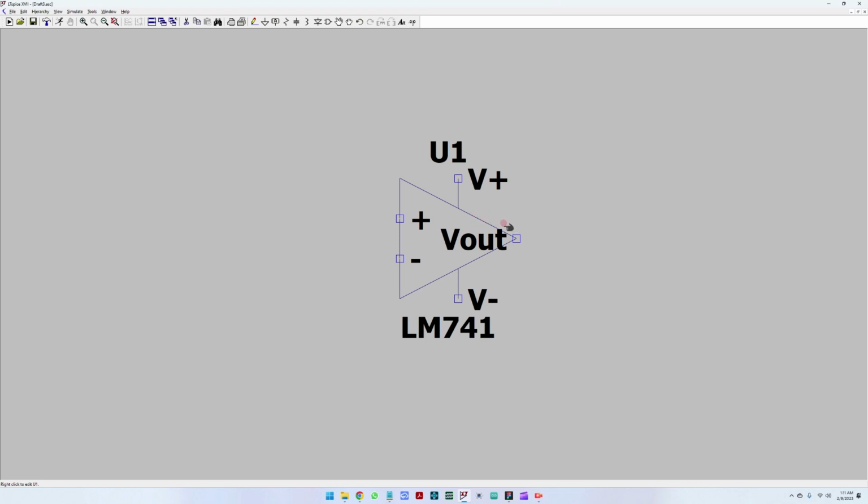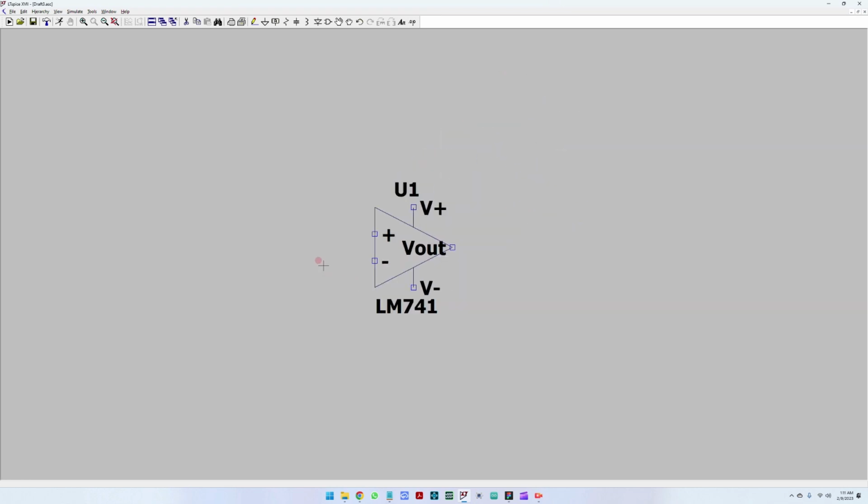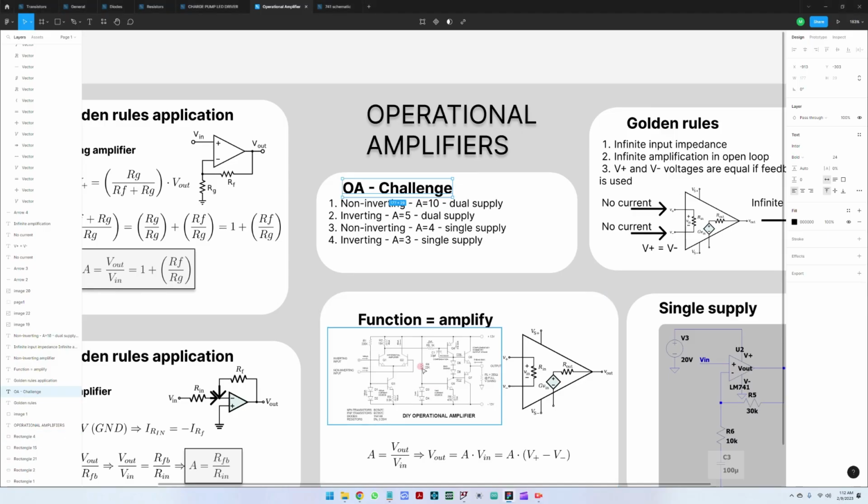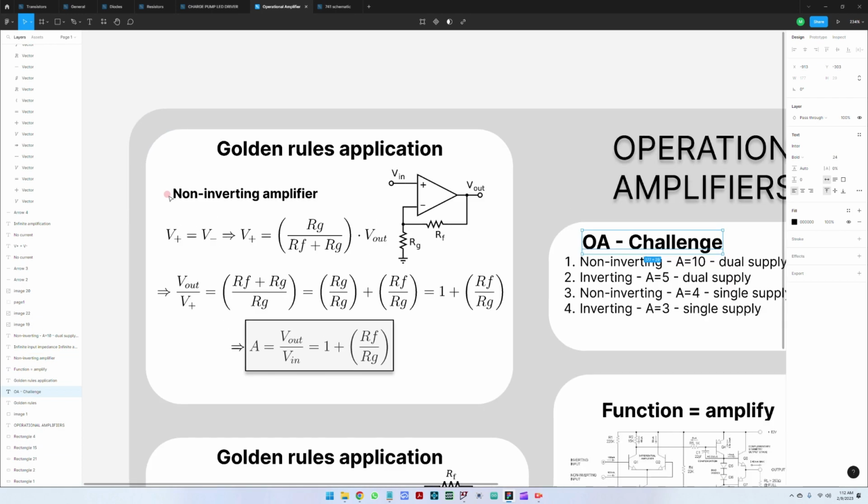Okay, so we have added the component. The next step is to supply the component. First, let's start with a non-inverting amplifier and build the circuit for this.